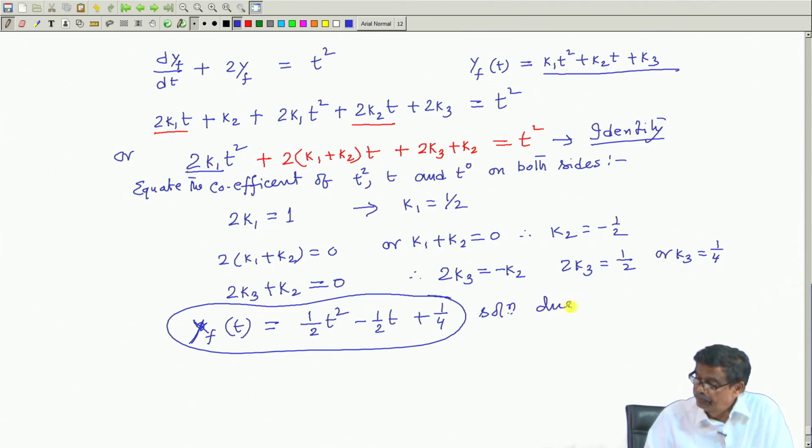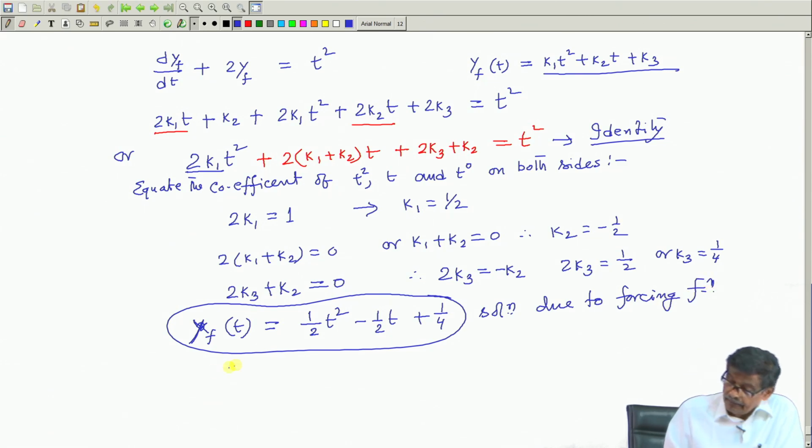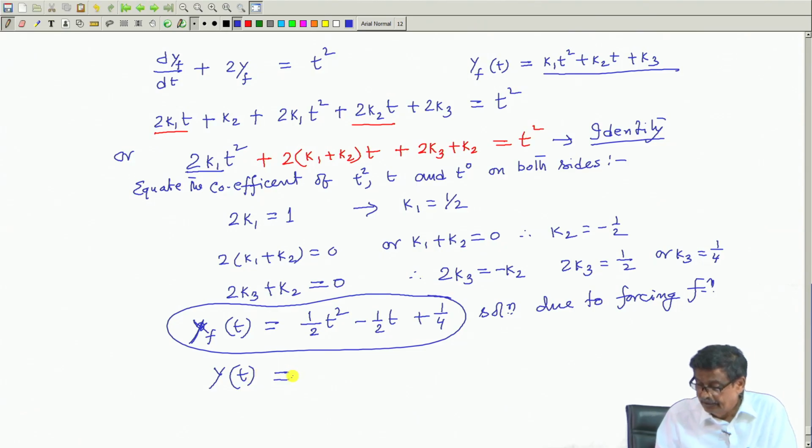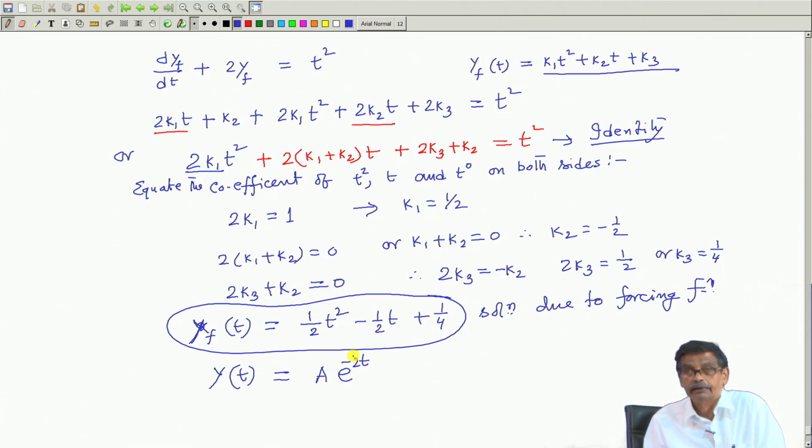Therefore, the total solution now I know is a e to the power minus 2t, that was the natural solution of the system, plus this thing: half t square minus half t plus 1 by 4.